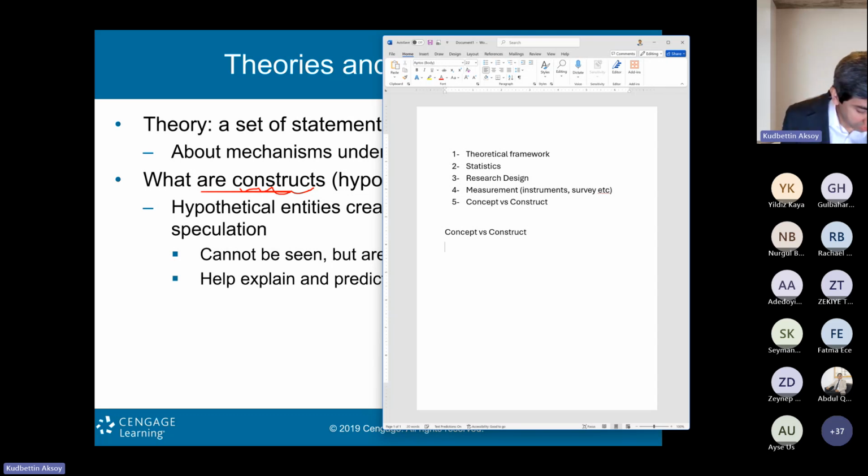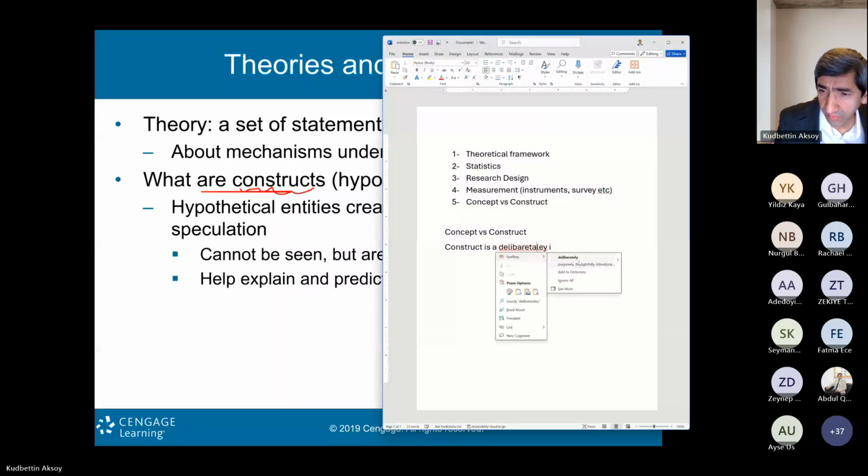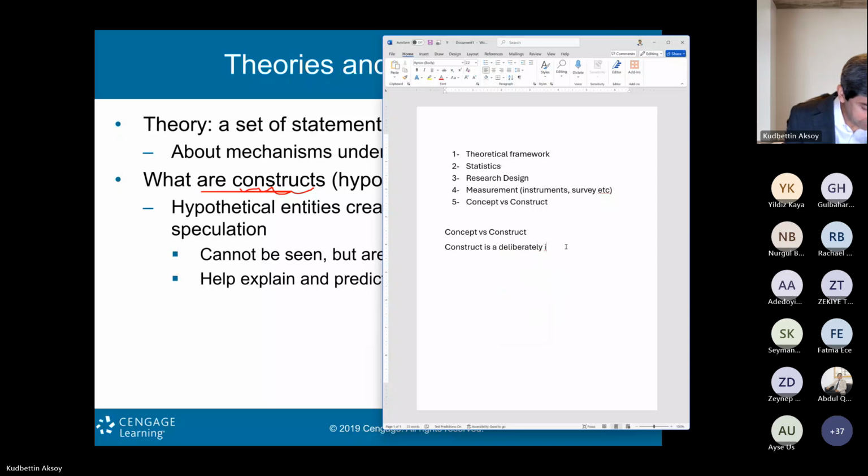So pretty much we can say the following. A construct is a deliberately invented concept.